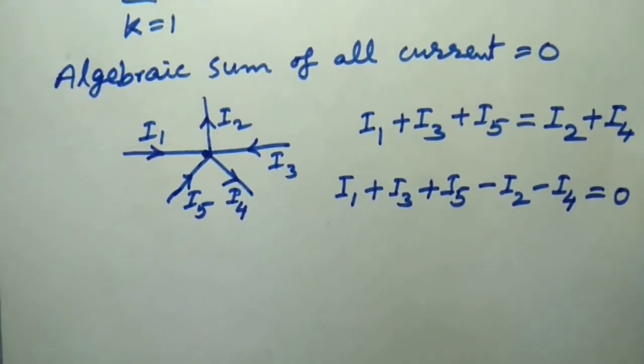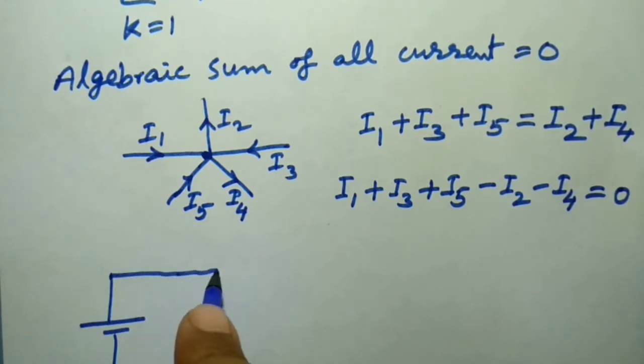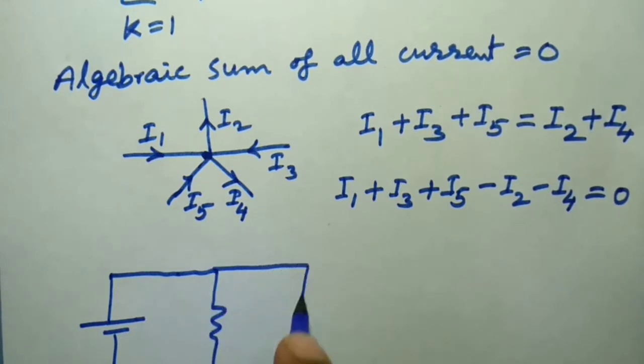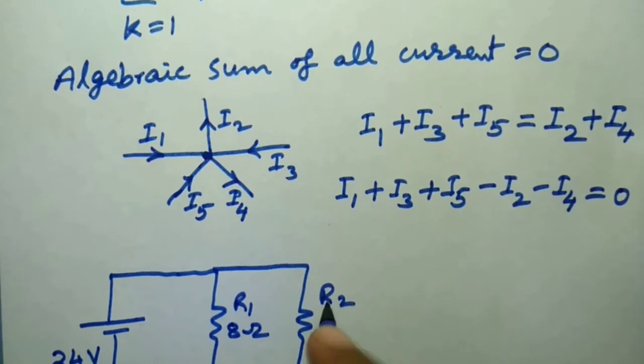If we take a small example, consider a circuit with a voltage source of 24 volt. The resistance here is 8 ohms, let's say R1, and the resistance R2 is, let's say, 12 ohms.